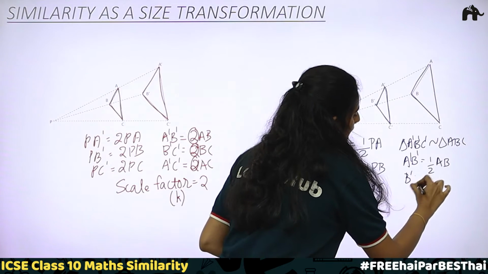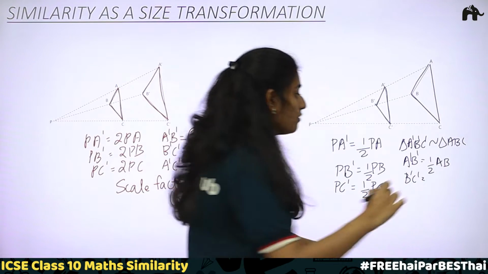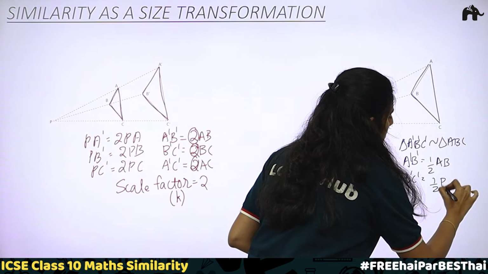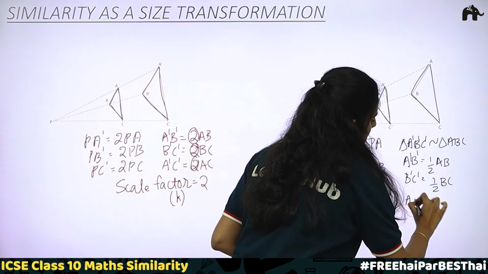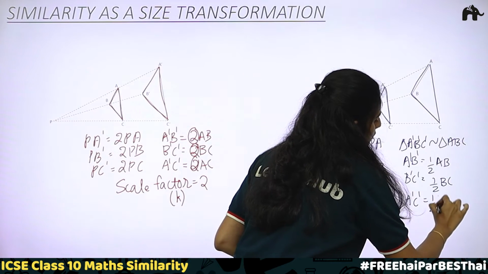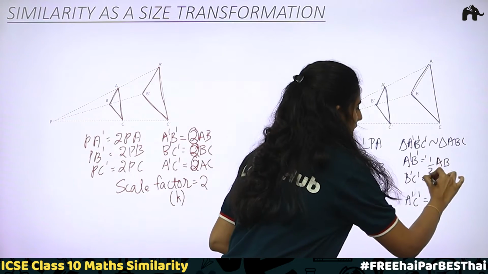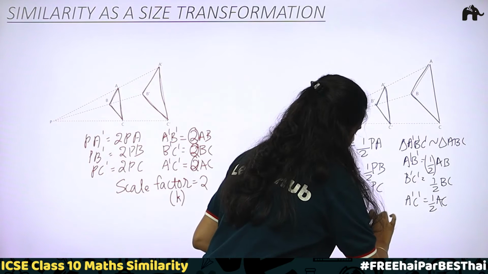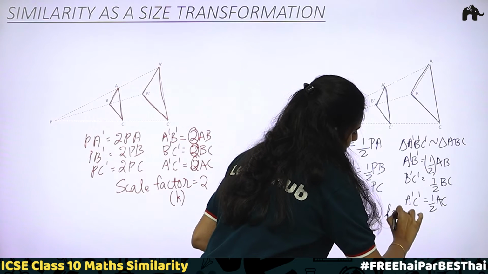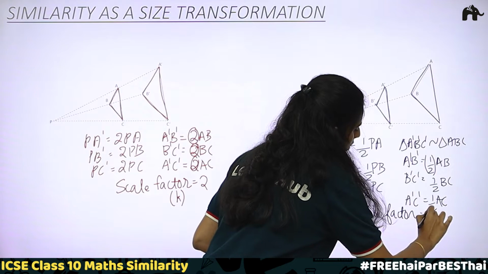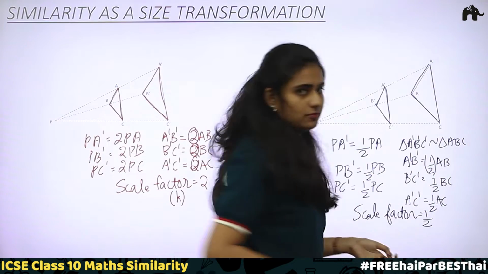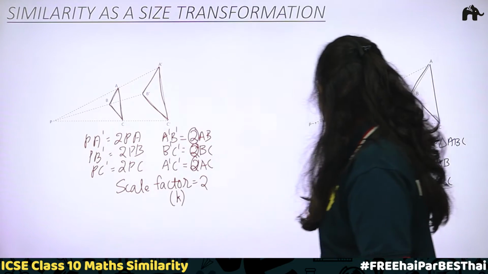B dash C dash is half of BC. And A dash C dash will be equal to half of AC. So this type of a reduction has happened. Here the scale factor is equal to half.